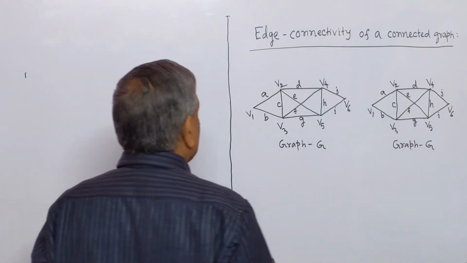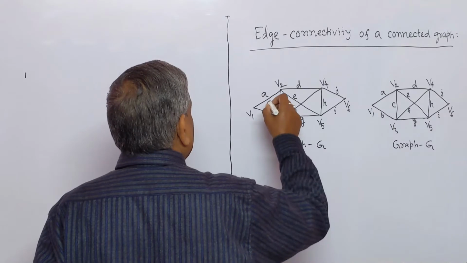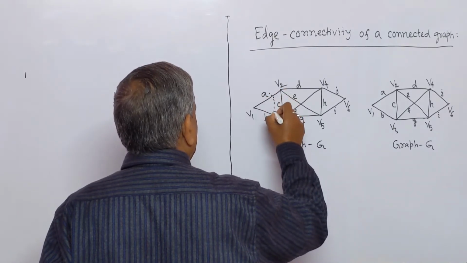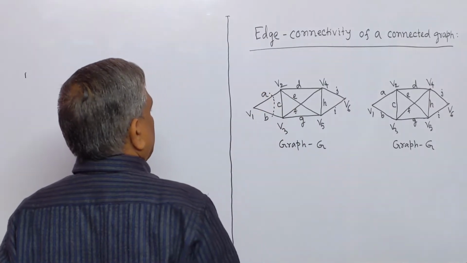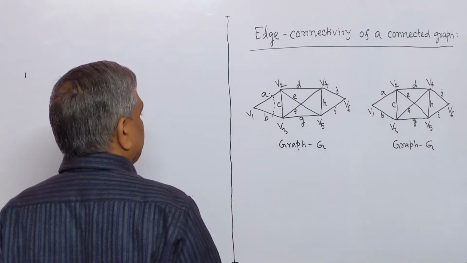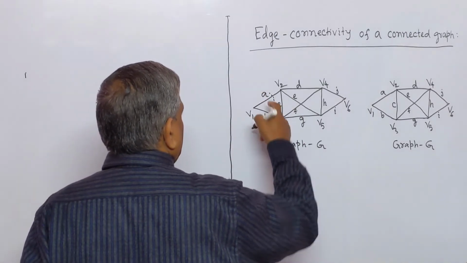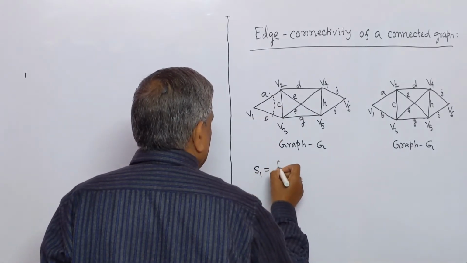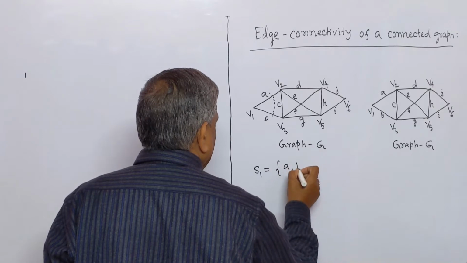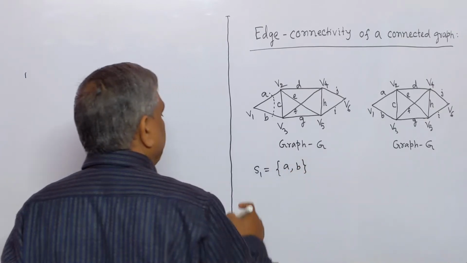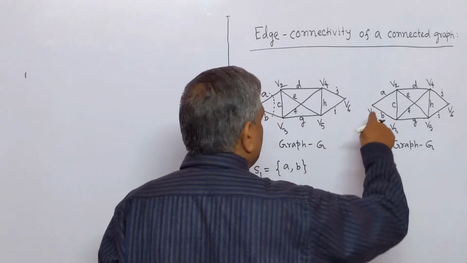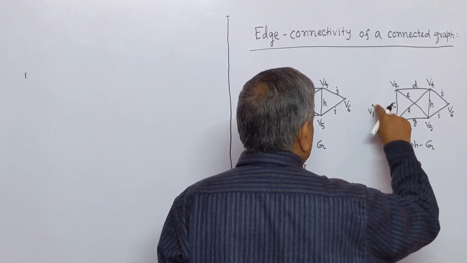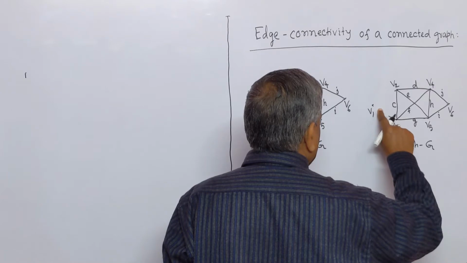Let us remove the edges A and B. This is a cut set. Cut set is S1 containing edges A and B. If we remove these two edges, here we see that we get a disconnected graph.